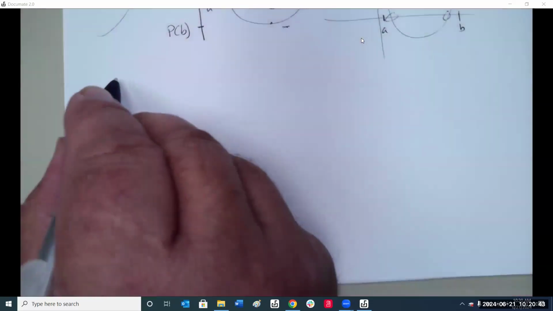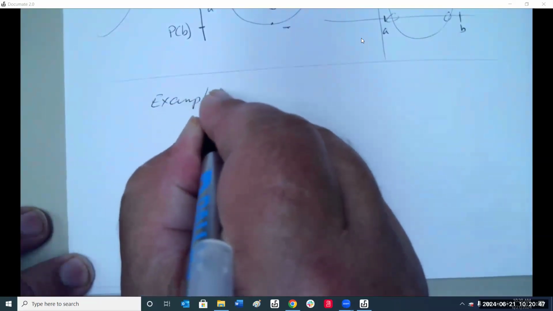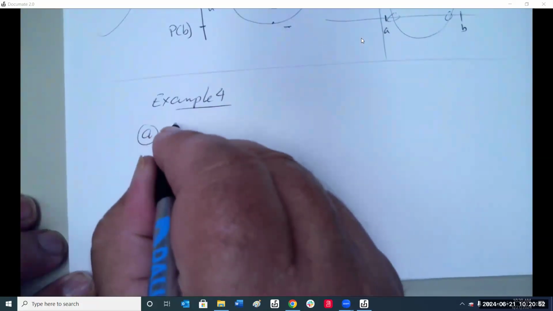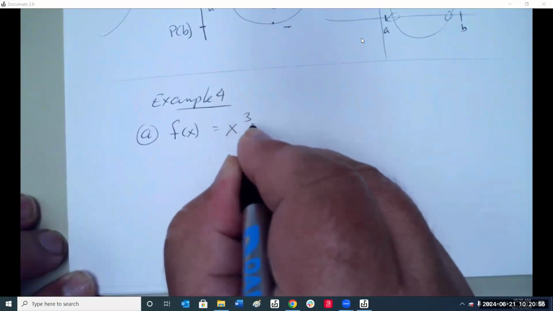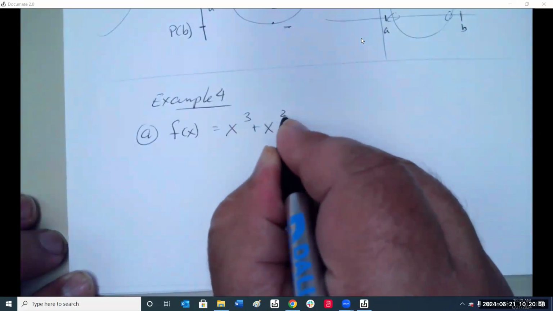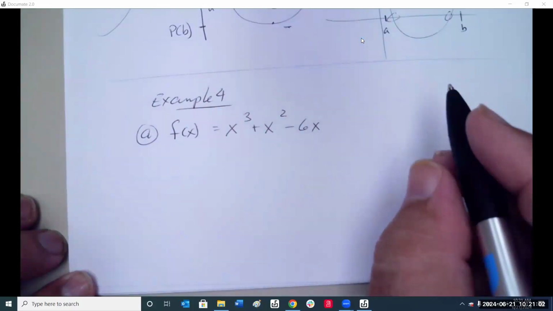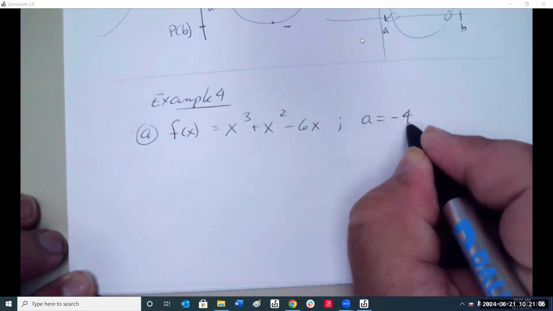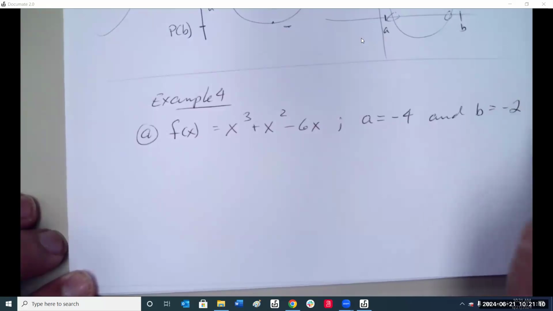So let's look at example 4. Using the intermediate value theorem. Here's our function, x cubed plus x squared minus 6x, where a is -4 and b is -2.